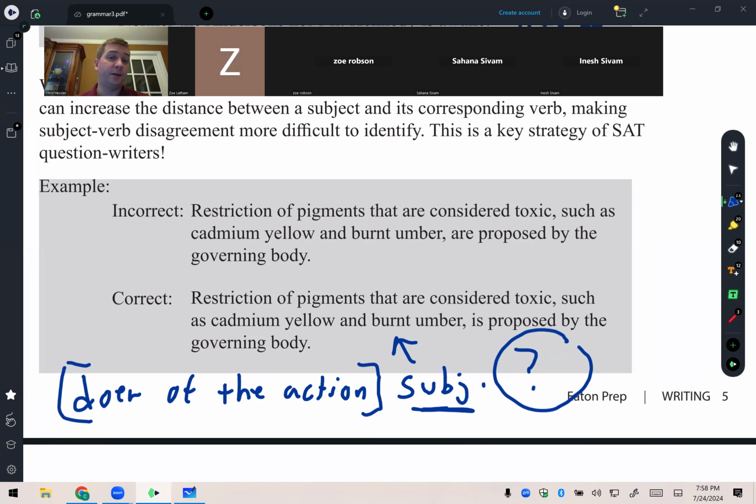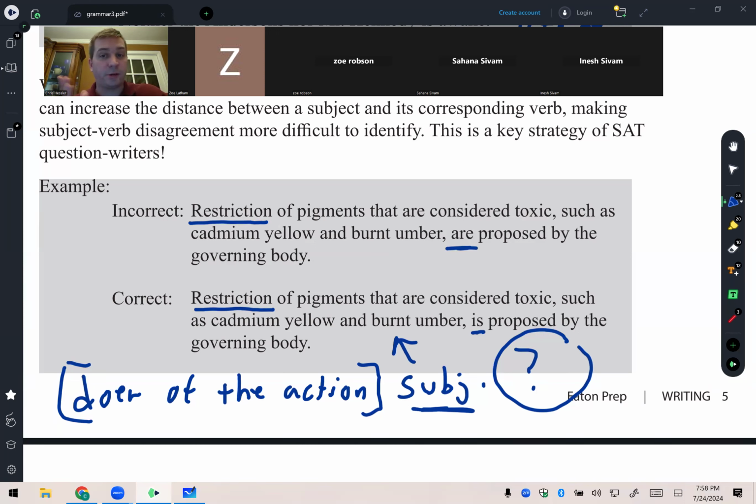Is something else the subject? Because it matters, because we have to have subject-verb agreement. If it's plural, we're going to use one of these words, but if it's singular, we have to use the other one. So the subject of this sentence is restriction.